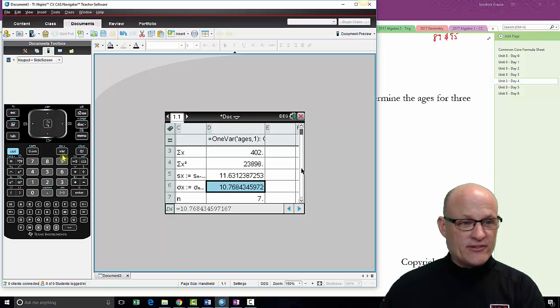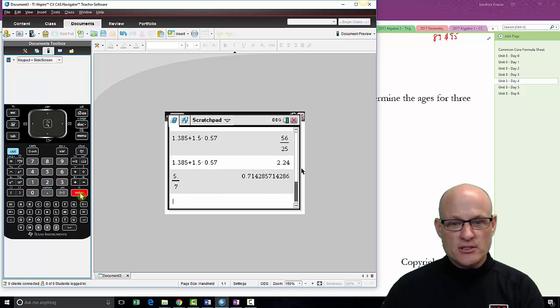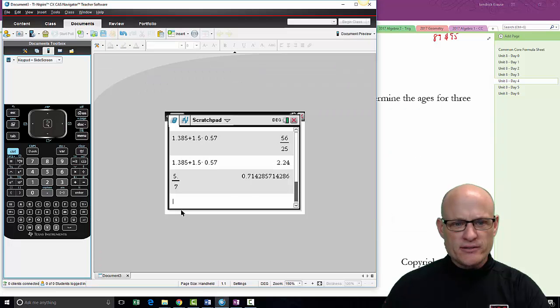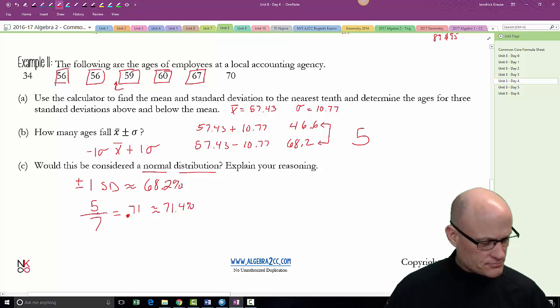Now, I don't know what that is as an actual decimal, so let's figure out what that is. It's 0.71, so this is equal to 0.71, which is approximately 71.4%.